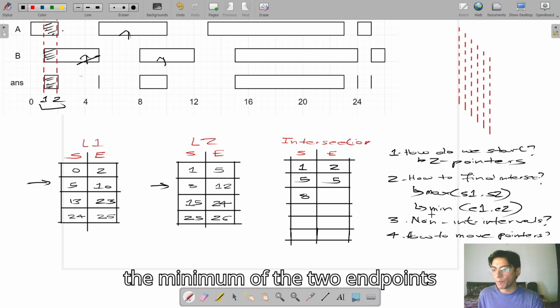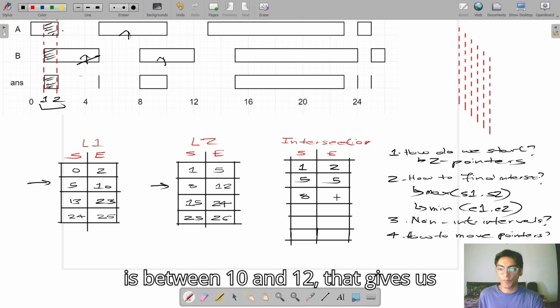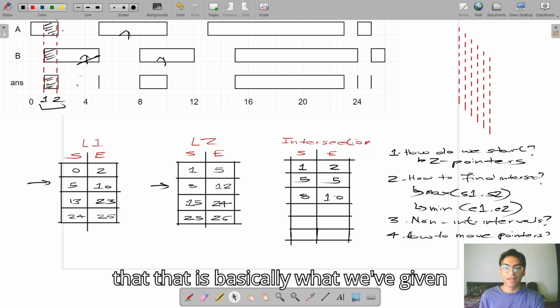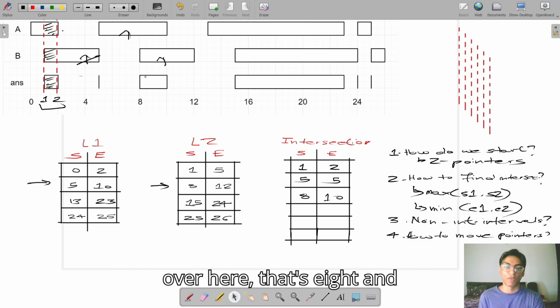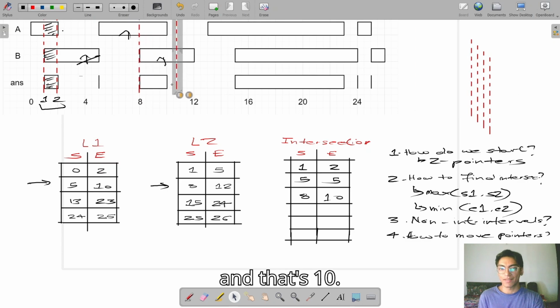And the minimum of the two endpoints is between 10 and 12. That gives us 10. And if you would notice, that is basically what we're given over here. That's 8 and 10, right?